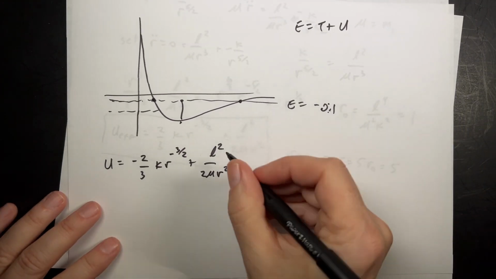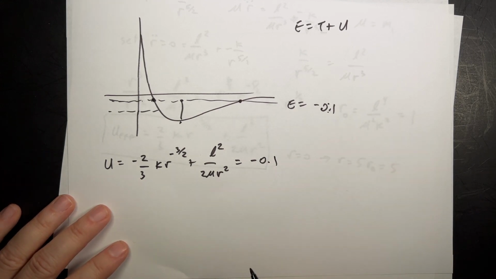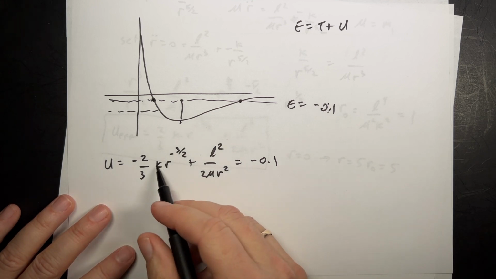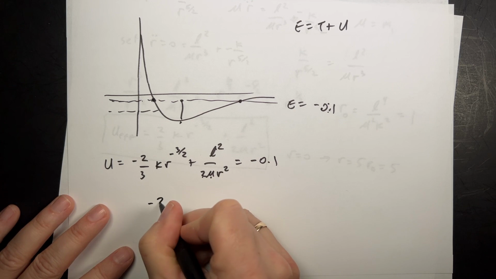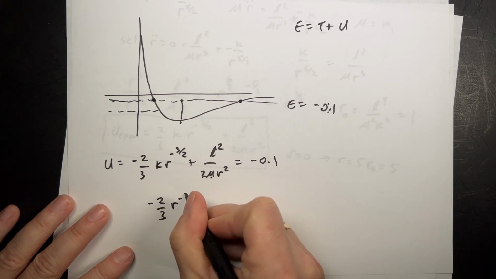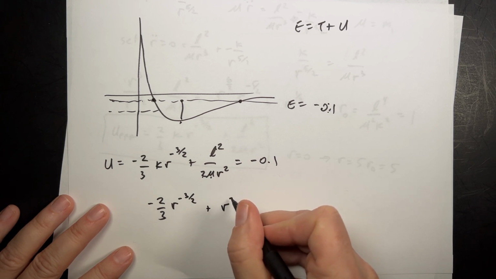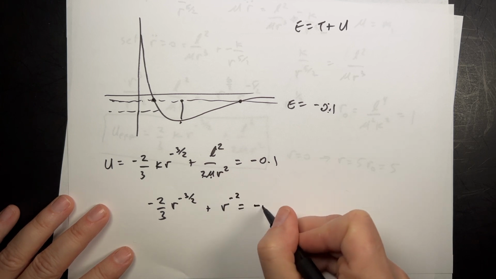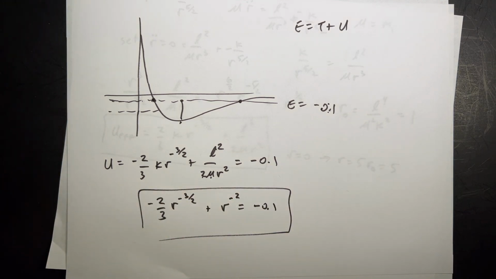Now, if I want to say this is equal to negative 0.1, I can do that. And even if I put all my values at 1, so this is 1, that's 1, that's 1, that's 2, then I get negative 2/3 R to the negative 3/2 plus R to the negative 2 equals negative 0.1. And that is not an easy equation to solve. It's really not.